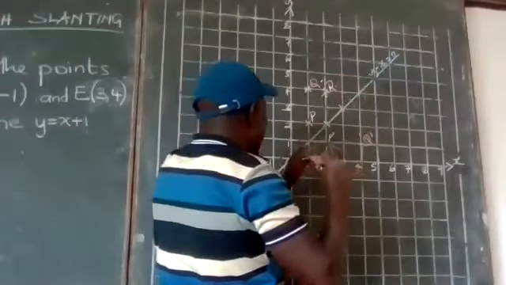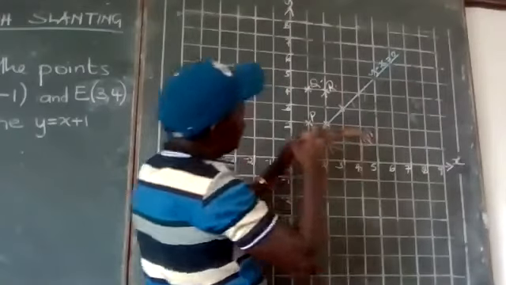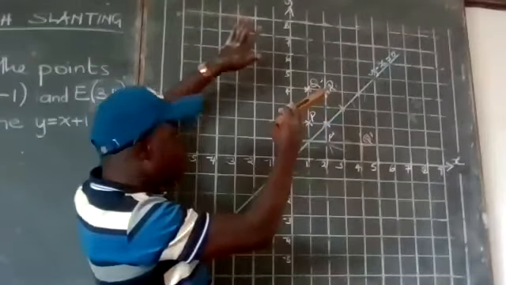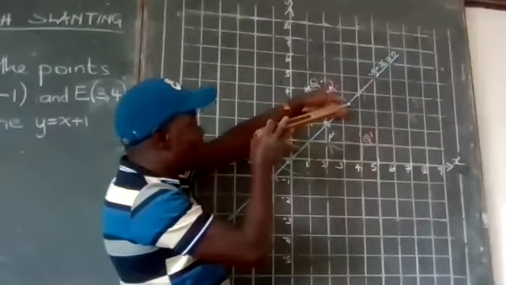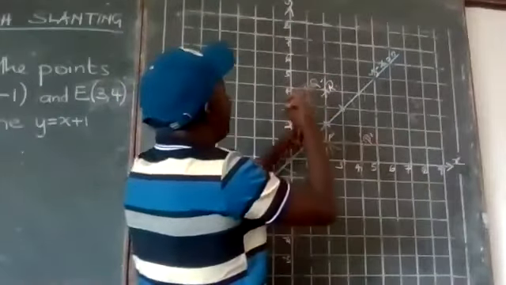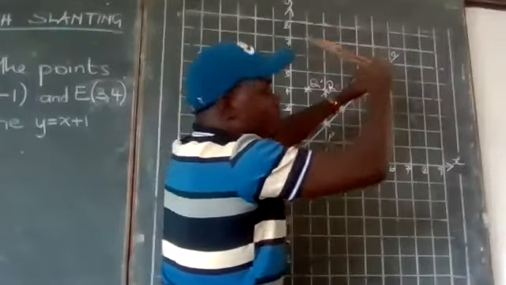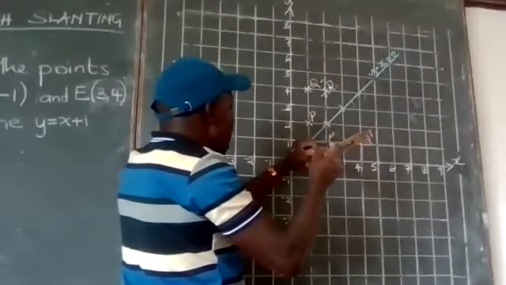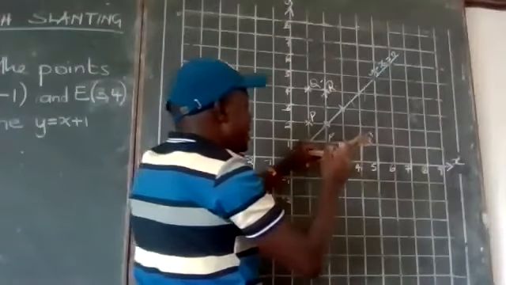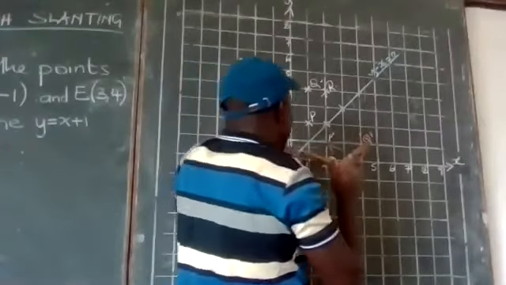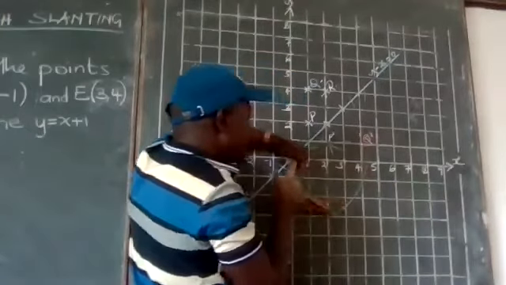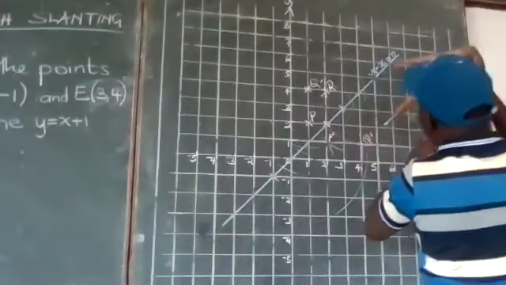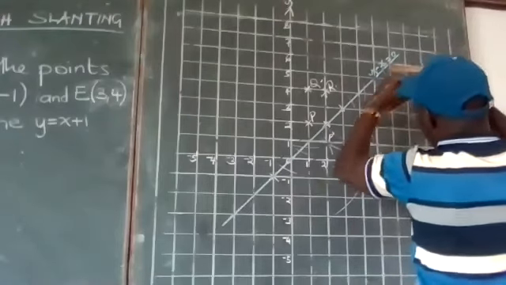I stand here. I don't go to the same side where the object is. I have to go to the opposite side. I hope everyone knows that. Another person will go back this side. That will be wrong. I go to the opposite side. That's where the image is. So on the opposite side, I cut, then here.